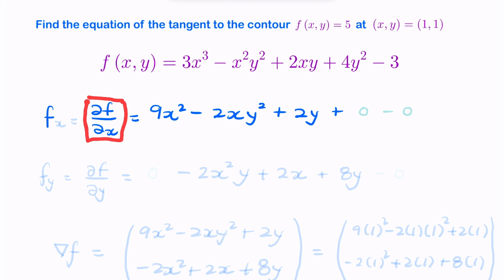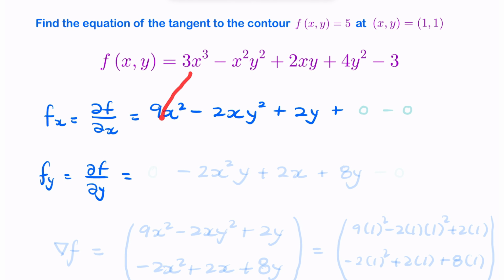fx. We can do the same for fy, which is the partial derivative of f with respect to y. This time we'll assume that the x's are constants, so the 3x cubed differentiates to 0.